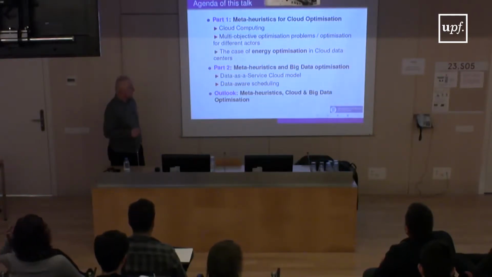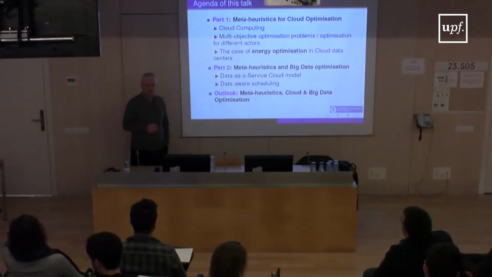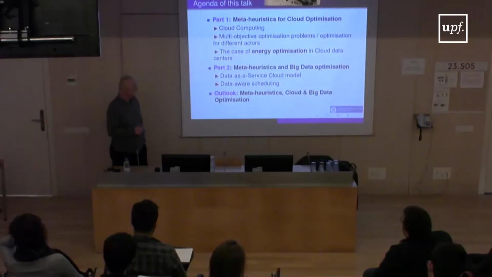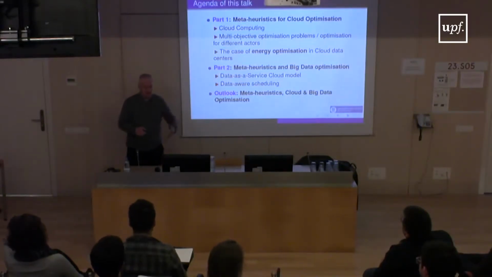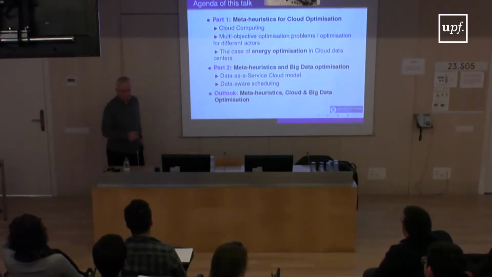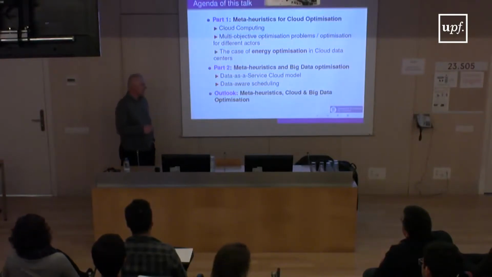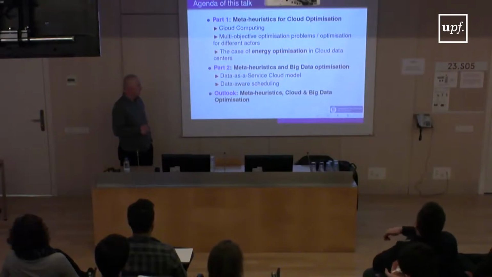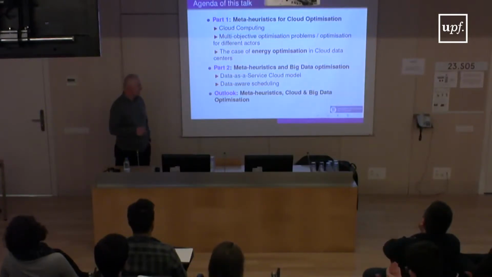I'll introduce for you a kind of new model in cloud computing, which is data as a service. As you know, in the cloud, we can have everything as a service, and one of these services is data as a service, which can bring some advantages when we have to deal with big data optimization.